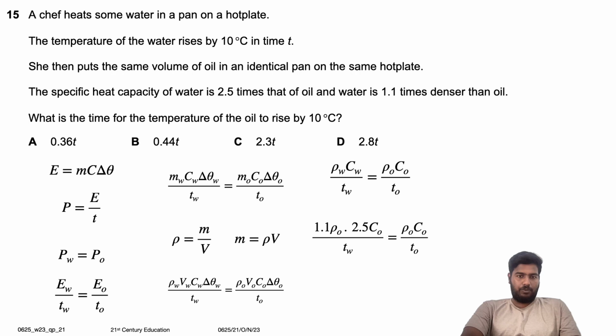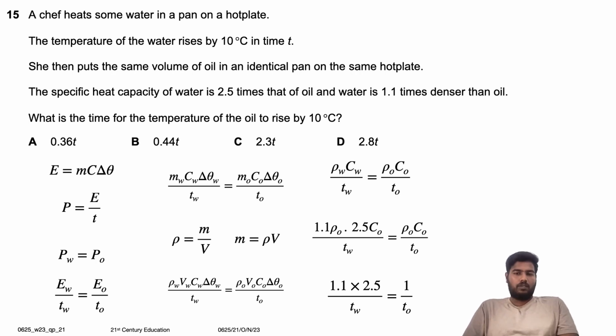So in the equation, instead of density of water and specific heat capacity of water, I plug in 1.1 times density of oil and 2.5 times specific heat capacity of oil. Now we can cancel out density and specific heat capacity too, because we gave them in terms of oil. So what we are left with is 1.1 into 2.5 divided by time taken for water is equal to 1 divided by time taken for oil.